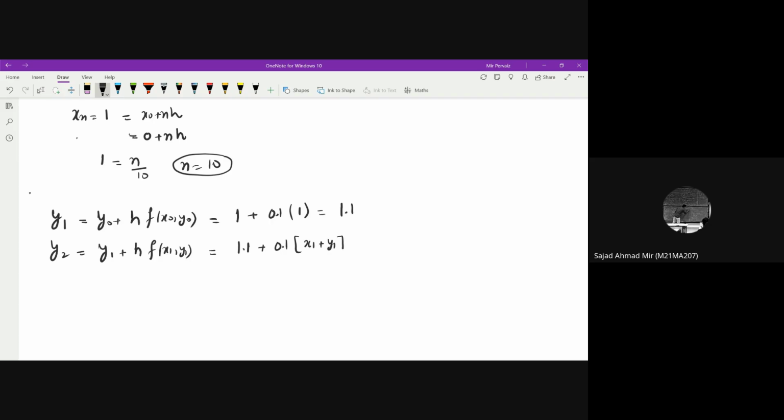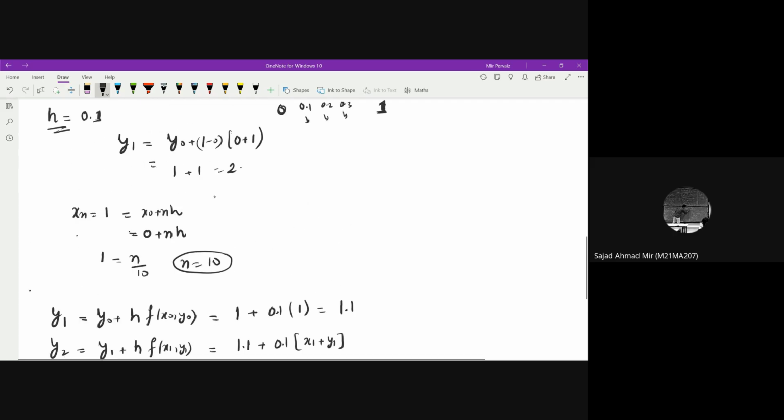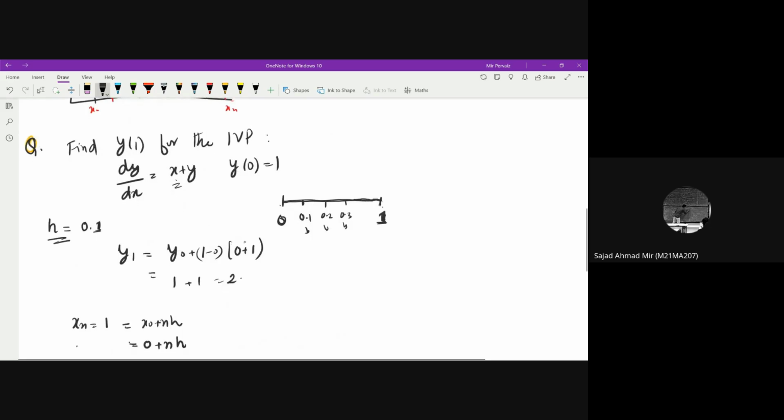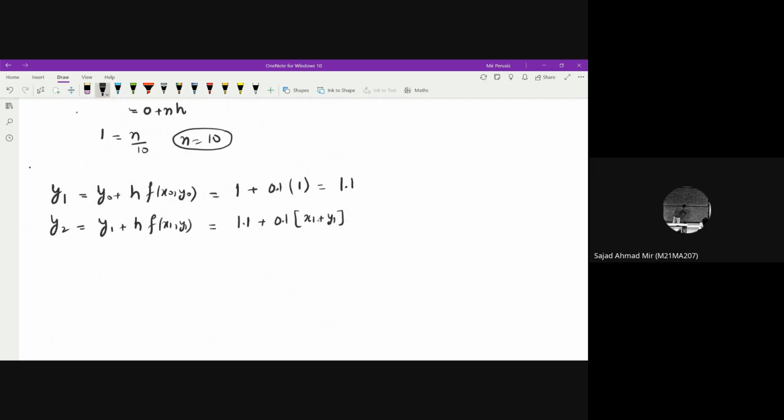Your original function is x plus y. So this will be 1.1 plus 0.1 into x1 is 0.1, 0.1 plus y1, which is 1.1, so 0.1 plus 1.1, this whole value will be 1.22, right?